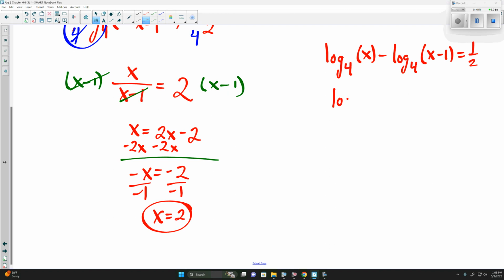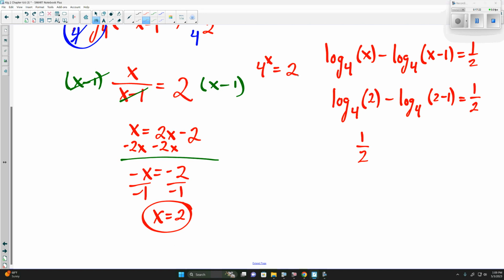Now if we plug 2 back in, log base 4 of 2 minus log base 4 of 2 minus 1 equals 1/2. Well, log base 4 of 2 is actually 1/2, because log base 4 of 2 is the same as saying 4 to the x is equal to 2, so it's 1/2 because it's the square root.